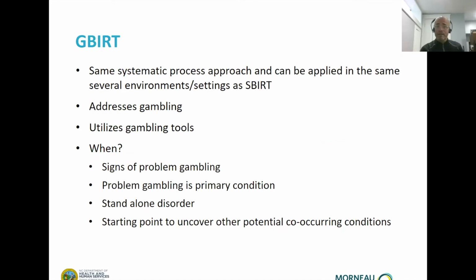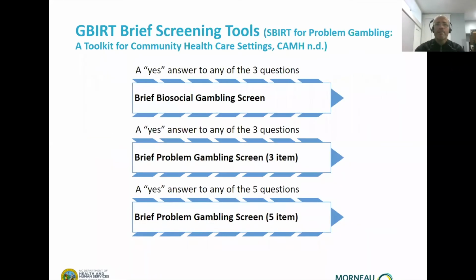When you suspect it might be the primary condition, in just the example I just gave you. Again, when they lead with their problem gambling issues versus any other addiction or even other behavioral health issue. When it's a standalone disorder, it doesn't happen often, as we said earlier, but it can and does happen. So if it's the exception, this is a good time to do it. And then also, like with the SBIRT, it's a great opportunity to uncover other co-occurring conditions, okay?